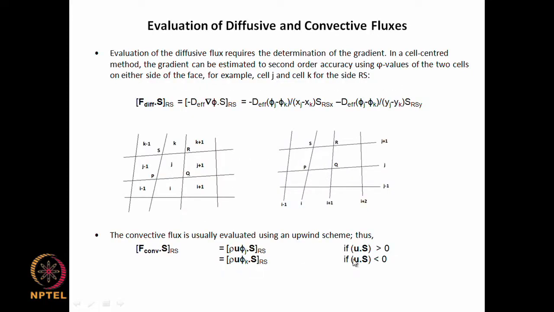If u dot s is negative, so that the flow is coming in this direction, then you take the phi k value here. Okay. So, if you do this, then again you have a consistent evaluation.